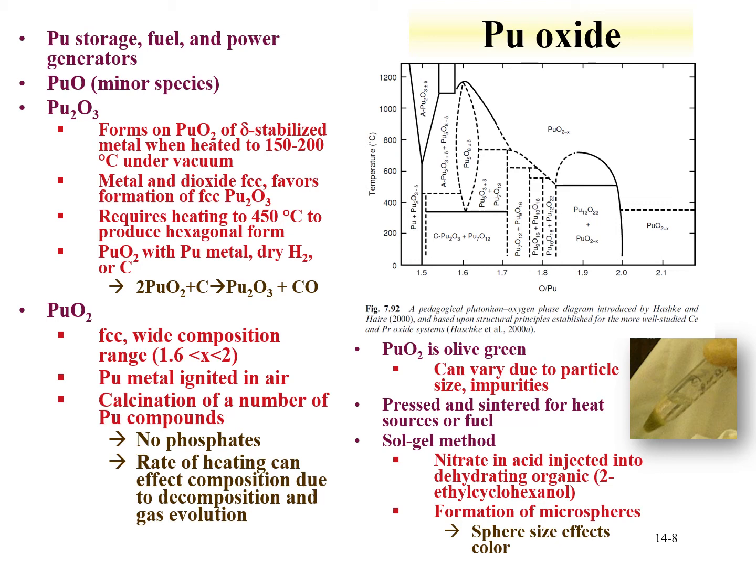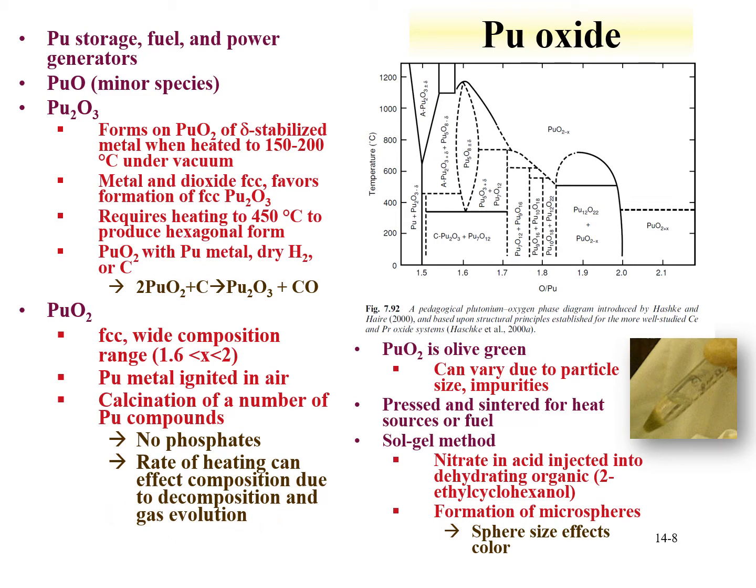For instance, if you calcine precipitates of plutonium oxalate, you'll get the dioxide. However, if you precipitate phosphates, which readily form, you will not get the dioxide. So the heating rate, if you do calcination of material to produce the plutonium dioxide, will affect the composition due to the rate of decomposition and gas evolution in the material.